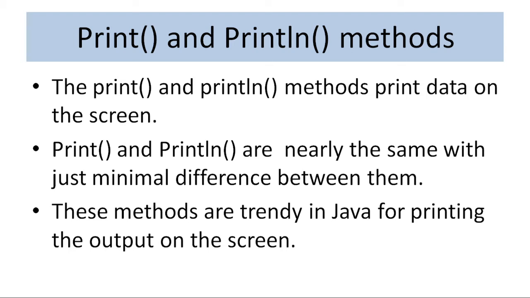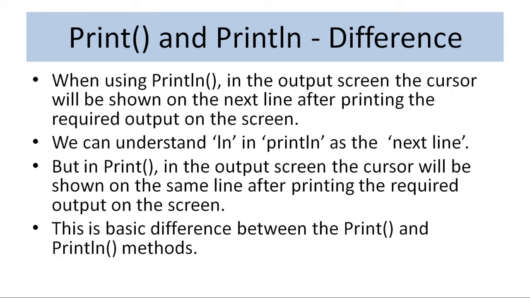The print and println methods are used to display data on the screen. They are nearly the same, but there is some difference between them. These methods are popular in Java for printing output on the screen.